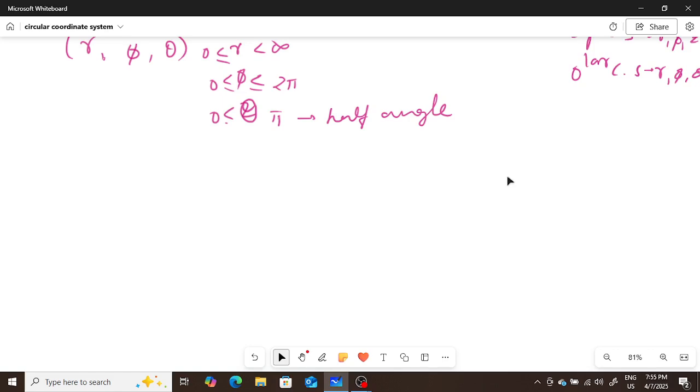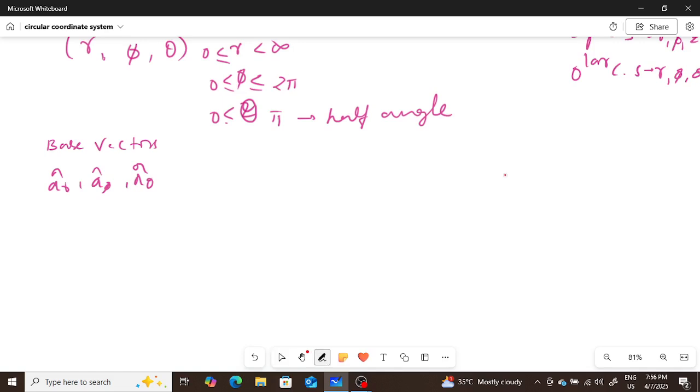So what are the base vectors in this coordinate system? The base vectors are similar to the other two coordinate systems: AR, A phi, A theta are the base vectors.